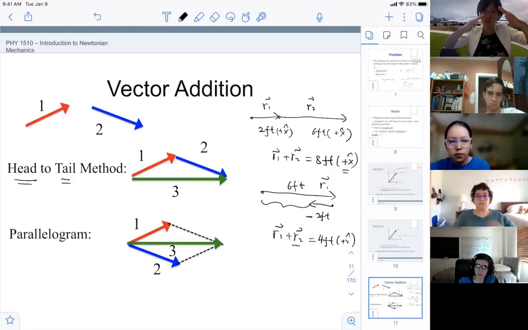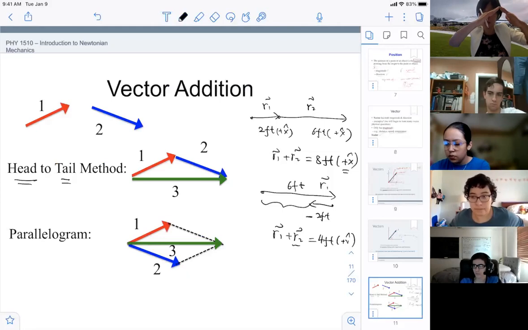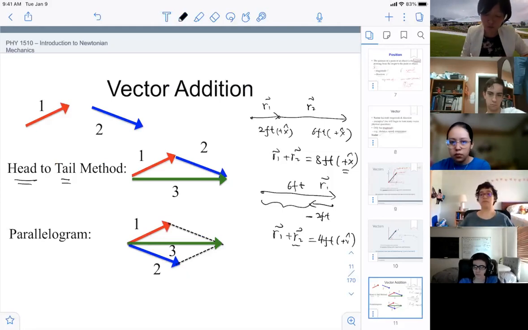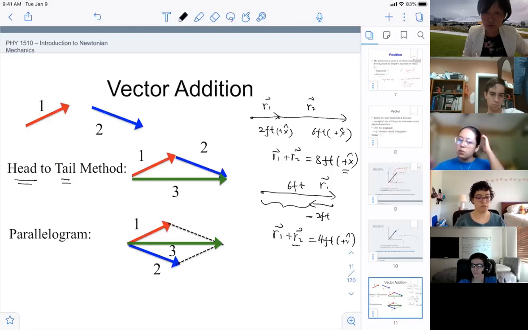So if I move 2 a little bit higher and move it a little bit below, I can connect them. The tip of 1 is touching the tail of 2, right? The head of 1 is touching the tail of 2. Once you connect them like this, you complete the addition by drawing a third vector connecting from here to this point. So 1 and 2 add up to be 3.